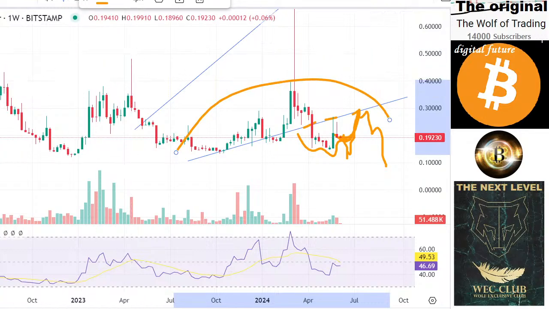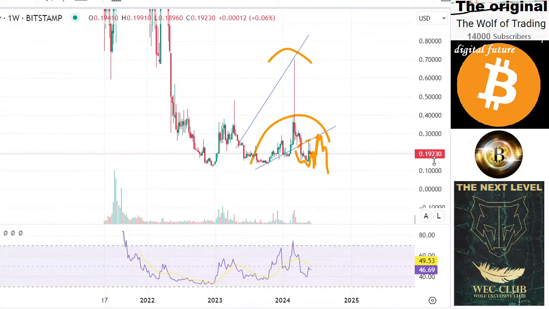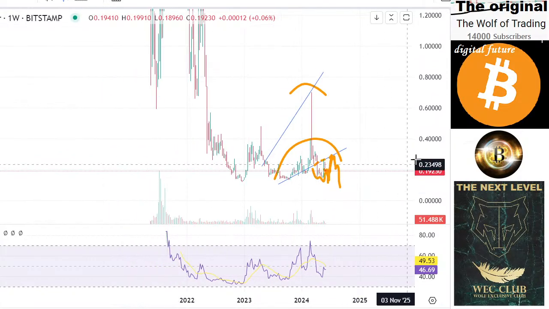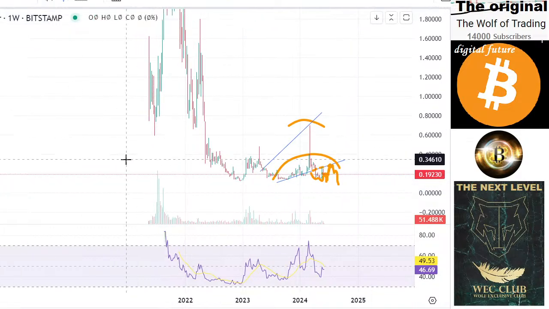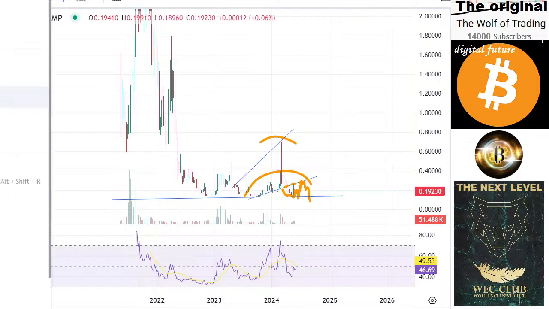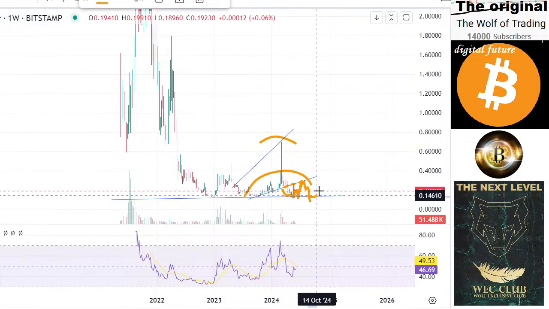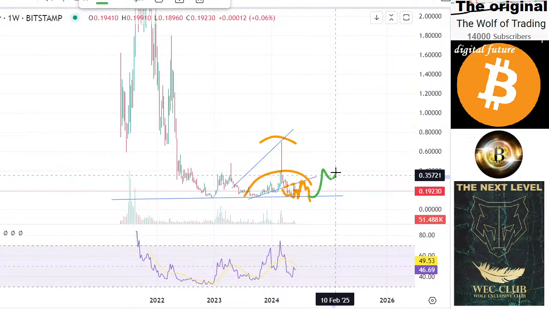But after the negative structure, the sun will shine. You can see if we're coming down and test the low levels here, the benefit is we then build the right shoulder. Then it's getting interesting.